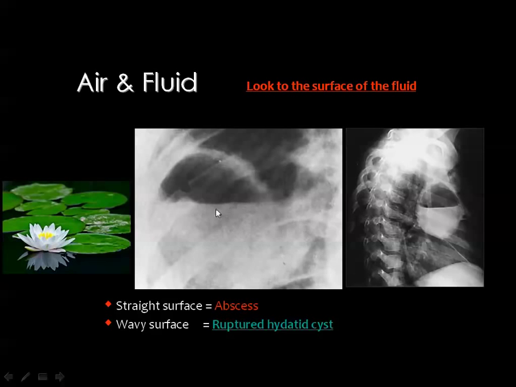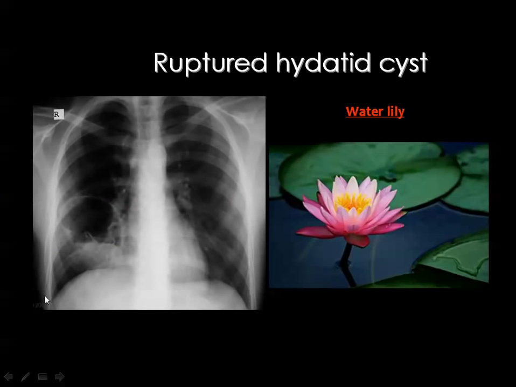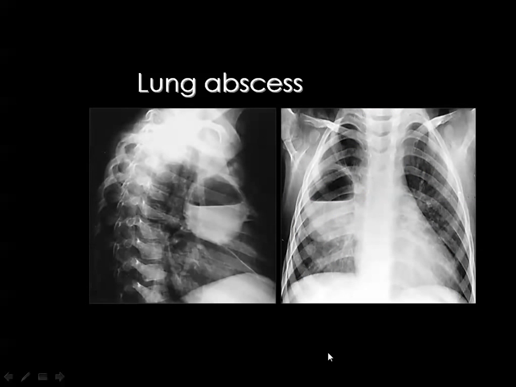But if the air fluid level is wavy or not straight like this one, what we call the water lily sign, this is a hydatid cyst which has ruptured, because the daughter cysts of the hydatid cyst will try to float on the surface of the fluid, so the surface of the fluid level will not be straight. And this is the classic appearance of a ruptured hydatid cyst, with the wavy air fluid level diagnostic of it.